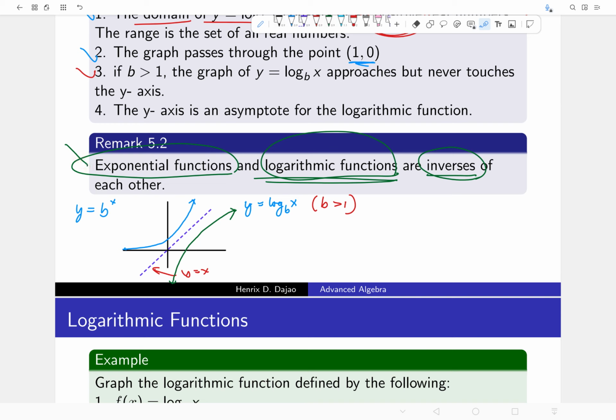Similarly, if you're going to draw the case for y equals logarithm of x with base b, we will draw a y equals x line. So we will use y equals b raised to x.